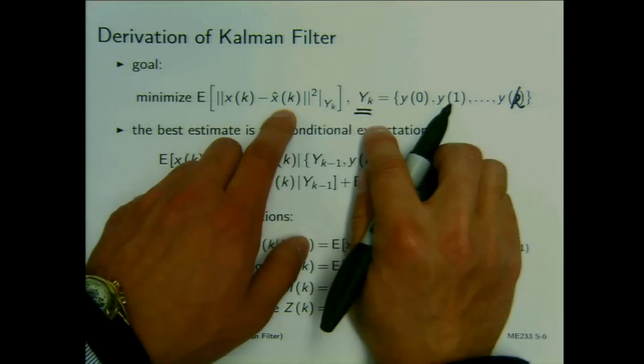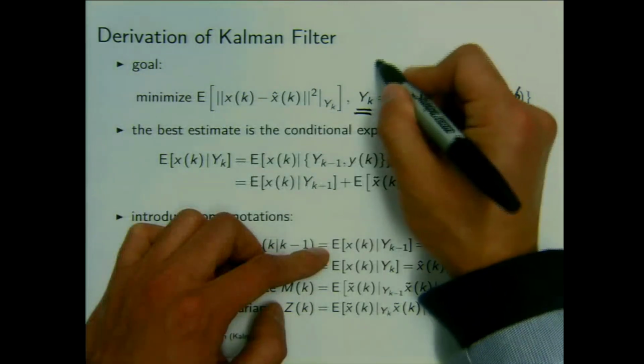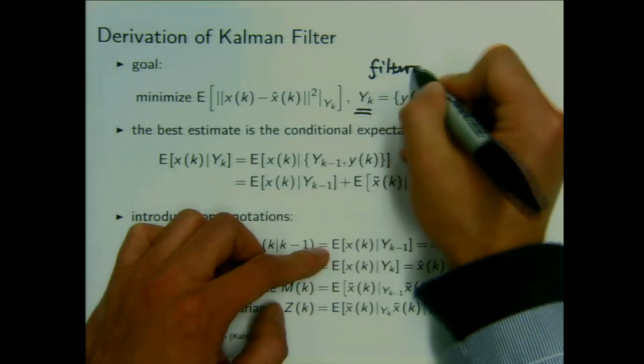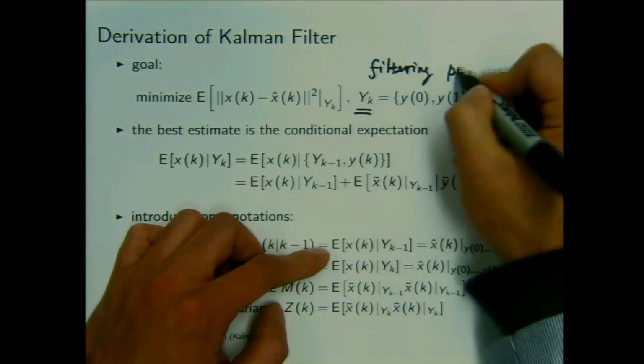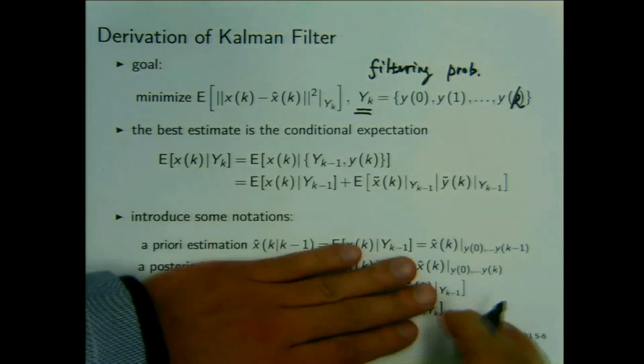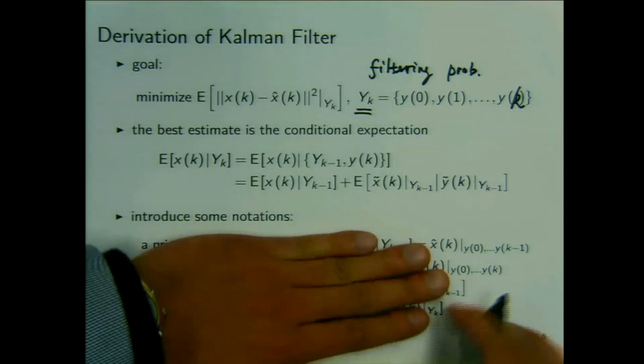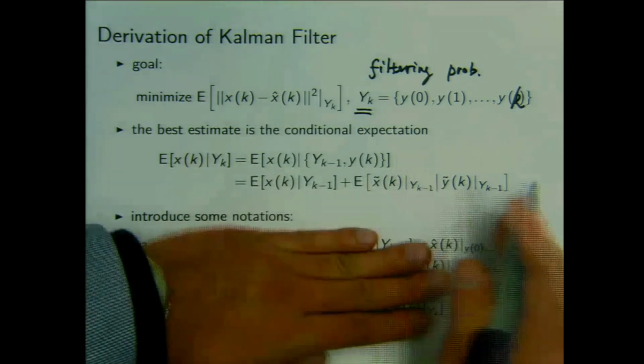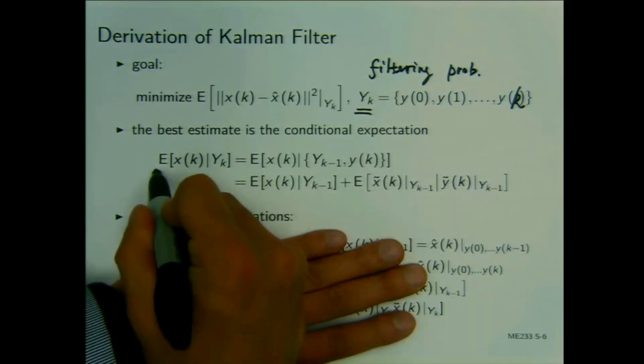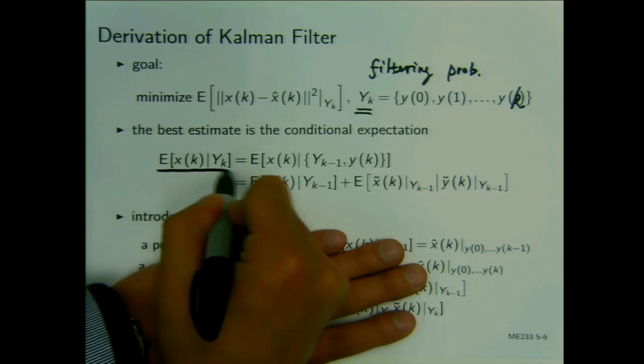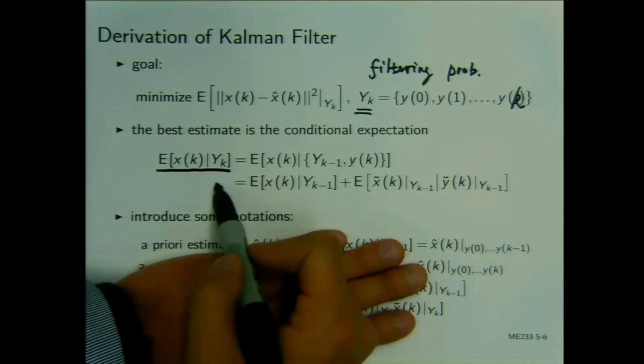So I'm using all the previous information. This is the filtering problem. The best estimate, as we have seen before, is the conditional expectation of x given yk.